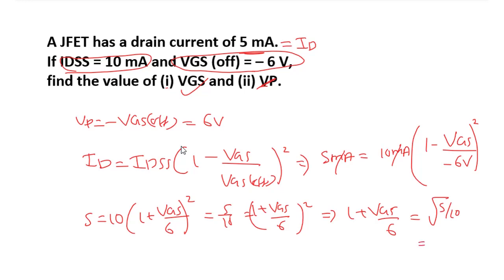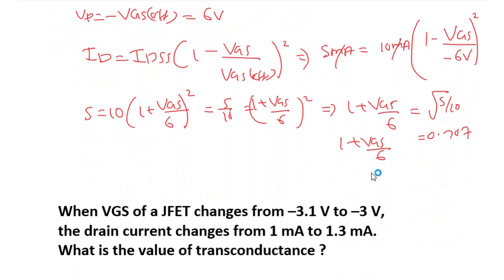That will be root of 1 by 2, which is equal to 0.707. So 1 plus VGS by 6 will be equal to 0.707. Now if you solve this and find VGS, then VGS will be equal to minus 1.76 volt. Okay.